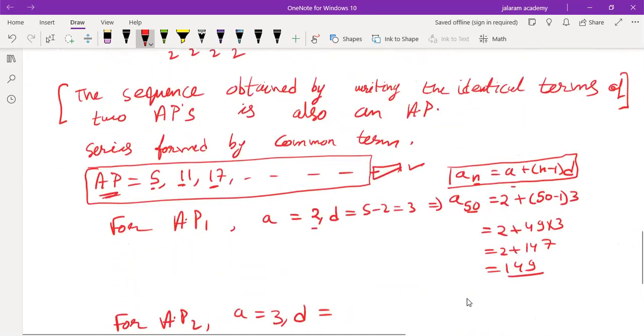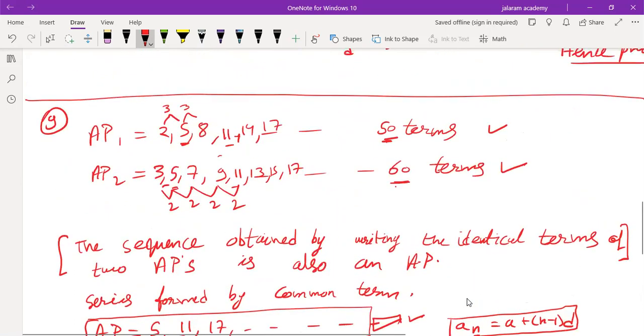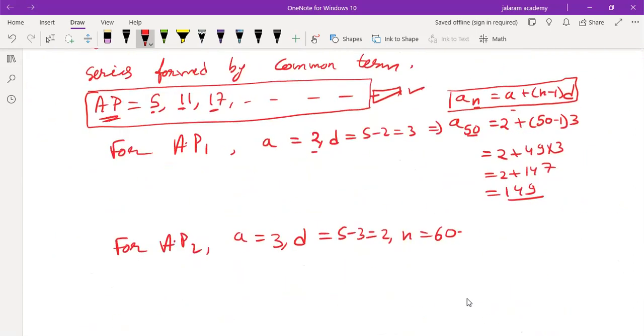Again, we have to find the last term of AP2 also, in which the first term is 3. Common difference is 5 minus 3 equals 2. Number of terms this time is given as 60. So we will find the last term, that is the 60th term, using the same formula an equals a plus n minus 1 into d.